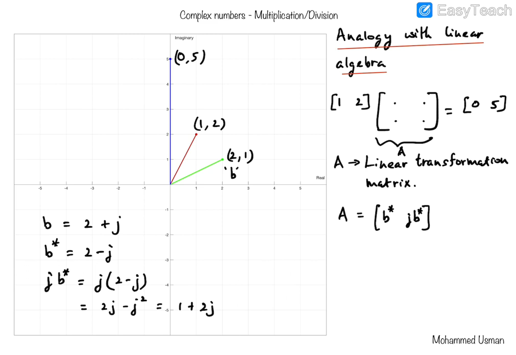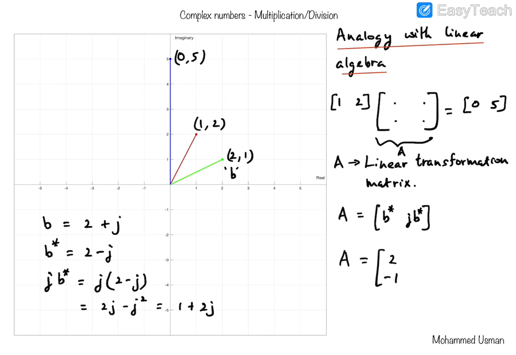So each column of the transformation matrix A is given by the real and imaginary parts of b star and j times b star. So b star is 2 minus j, so the real part is 2 and the imaginary part is minus 1. So we'll have it as 2 and minus 1.